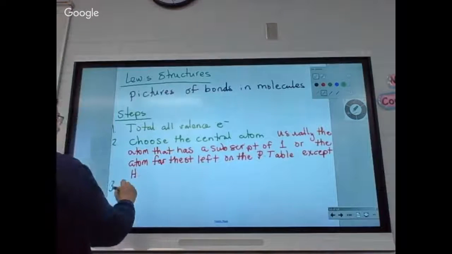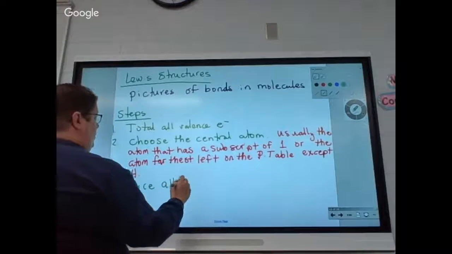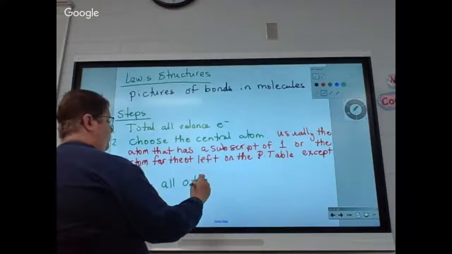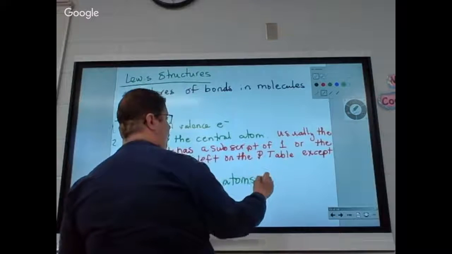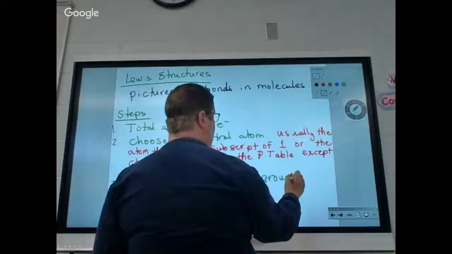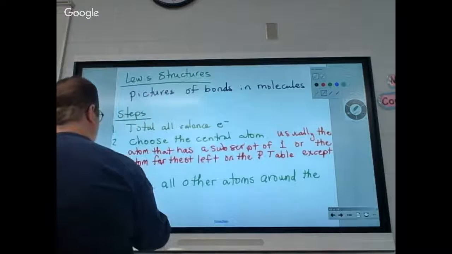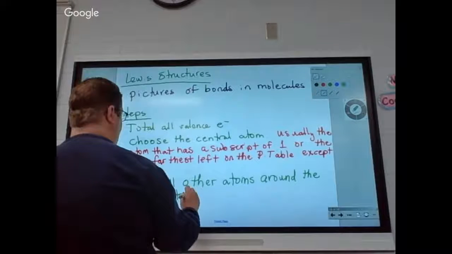Number 3, place all other atoms around the central atom.